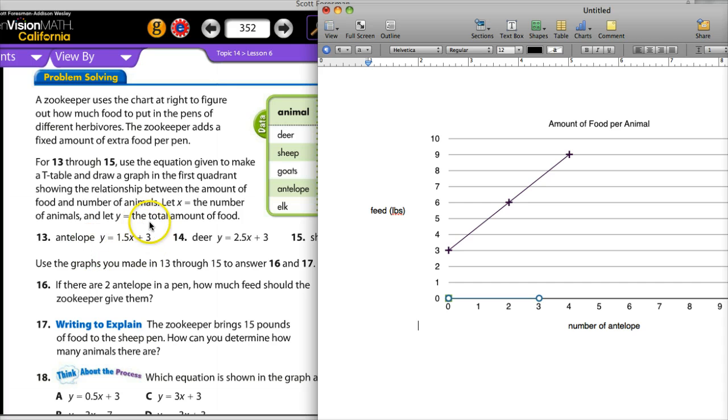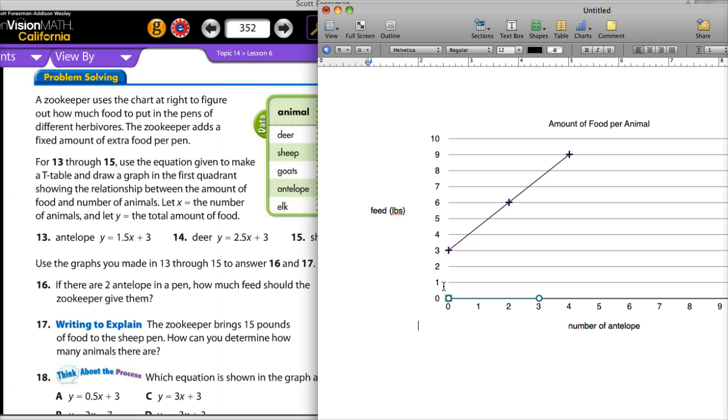Here are the equations given, okay? to make a t-table. So you need a t-table for each one of these, and draw a graph in the first quadrant showing the relationship between the amount of food and number of animals. So they're asking you, here's the first quadrant where y is positive and x is positive, okay?